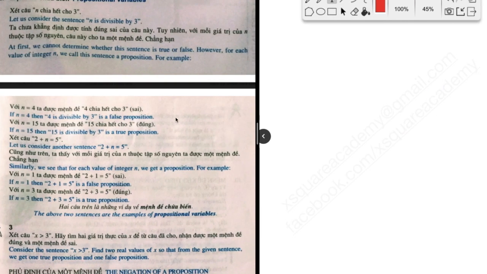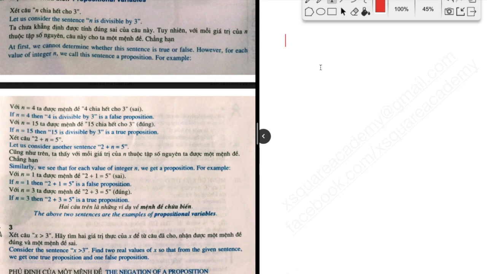And what does propositional variable mean? Let's consider the sentence: n is divisible by 3.